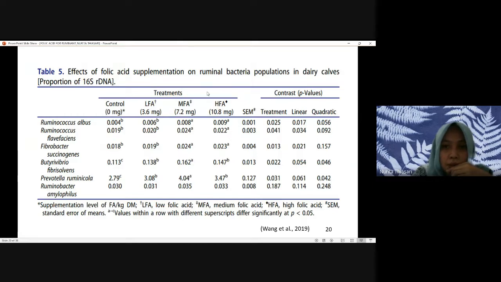This figure shows an increase in the number of bacteria, for example, Ruminococcus albus, Ruminococcus flavefaciens, Fibrobacter succinogenes, Butyrivibrio fibrisolvens, Prevotella ruminicola, and the last one is Ruminobacter amylophilus. So with the increasing amount of folic acid, it shows an increasing number of bacteria.